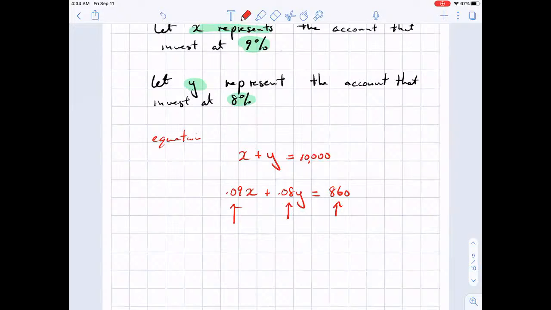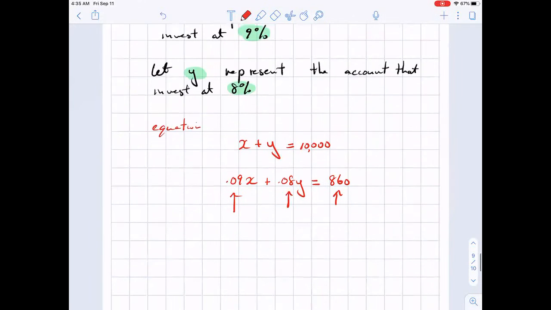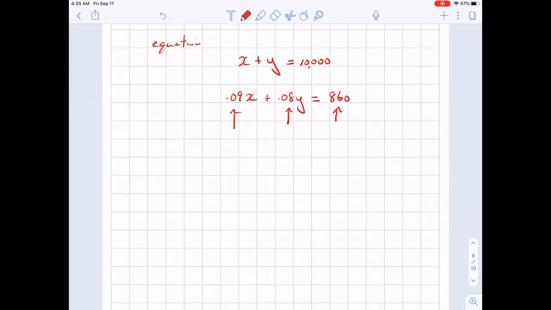And once again, we're going to get rid of those decimals. So move 2 decimal places.